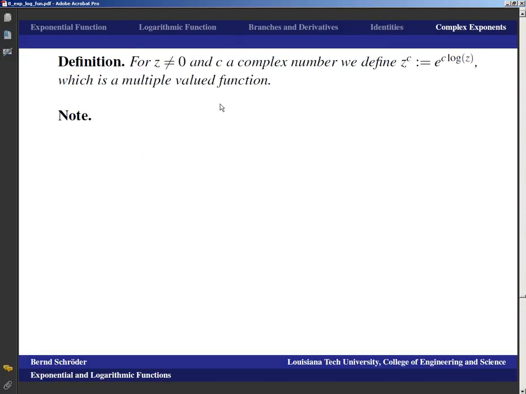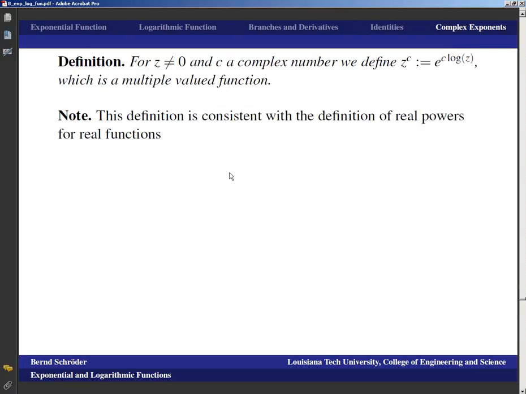That is a multiple valued function, and this definition is consistent with the definition of real powers for real numbers, because even though you can define integer powers by induction and then rational powers via roots, ultimately in order to raise a real number to a real number, you need to use the real exponential function. You need to define it exactly in this fashion, only with c and z being real numbers.